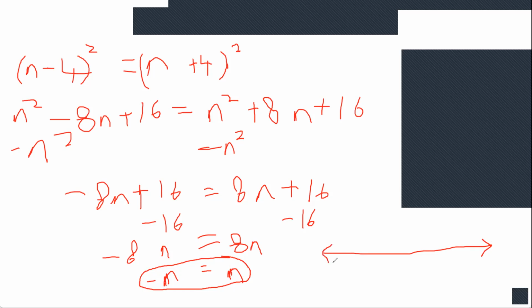We have negative 3, negative 2, negative 1, 0, 1, 2, 3. If you ever see that a negative number is equal to the number itself when solving something, it has to be 0, because negative 0 is 0, since it is the middle of the number line.